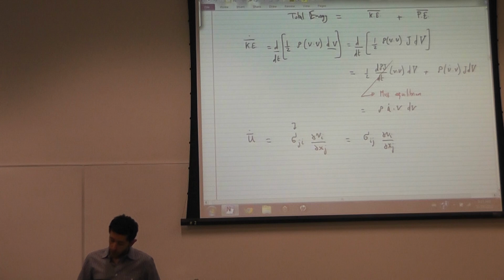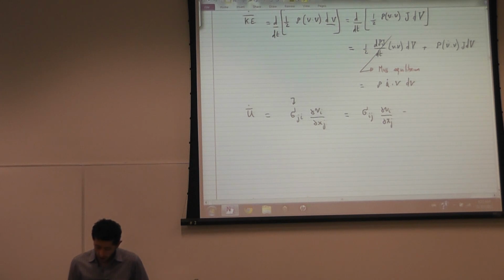I can also do the following. I can even write it like this. Because of the symmetry of the stress, I can do it like that.